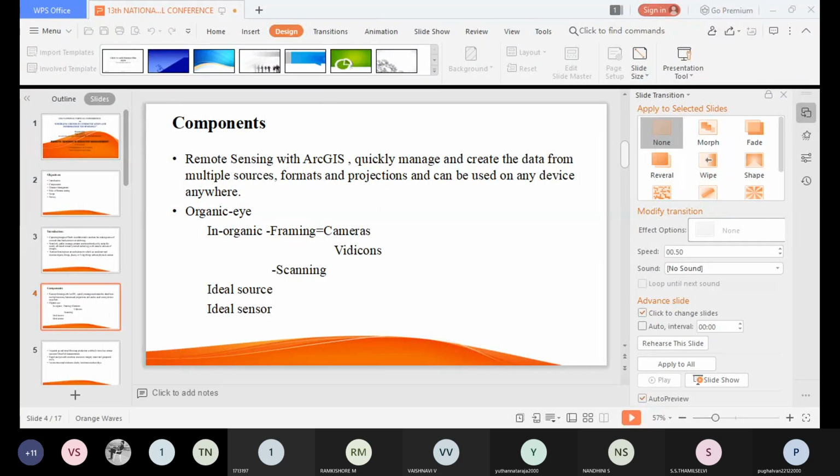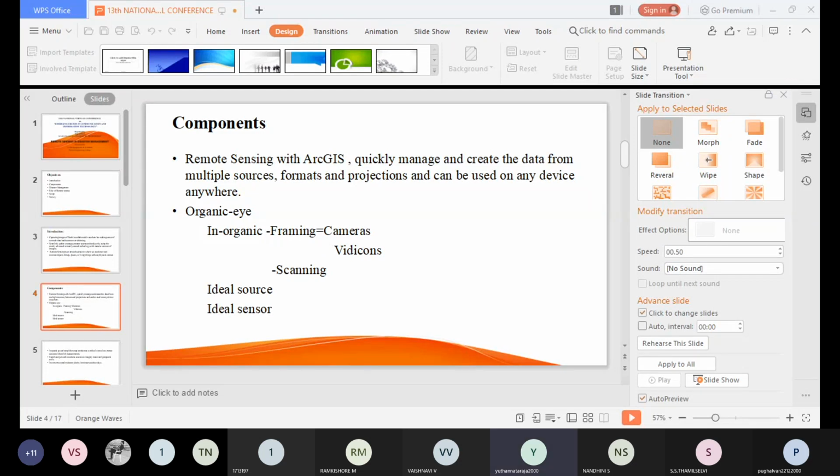Framing contains cameras and video cameras, like our phones. In our phones we have the camera, so we capture a place or an object or human beings without making contact. It is an example of an artificial sensor.